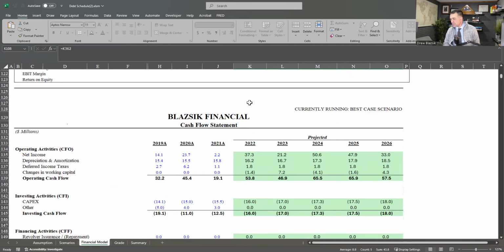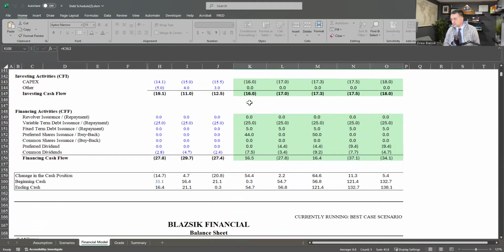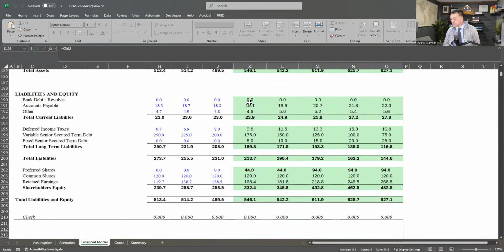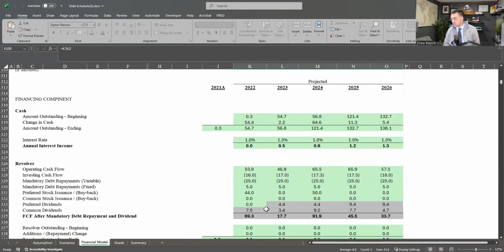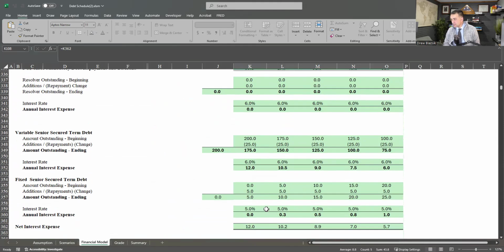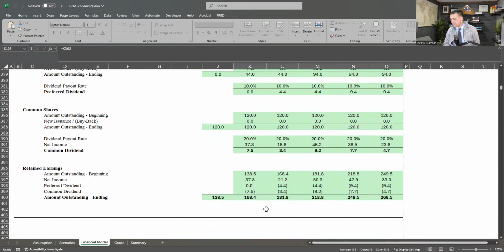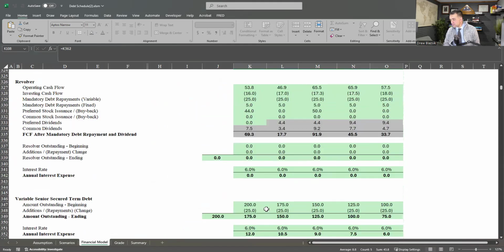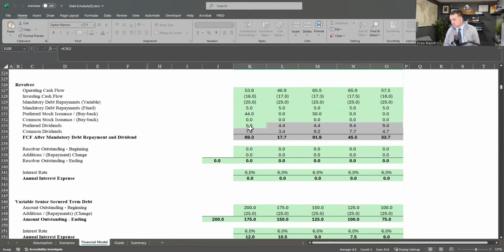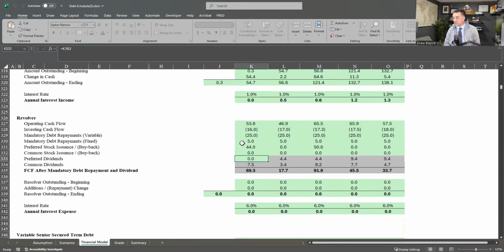The cash flow statement is nice and green. The balance sheet looks like it balanced. Yep, it balances. The debt, I got to figure out why this debt schedule is off. See, I made that mistake. This is good, is what I talked about earlier.